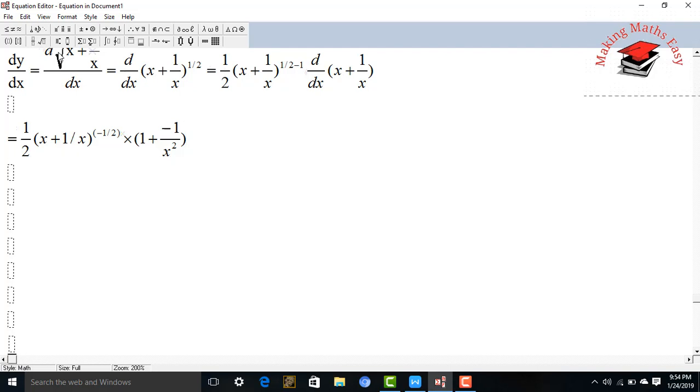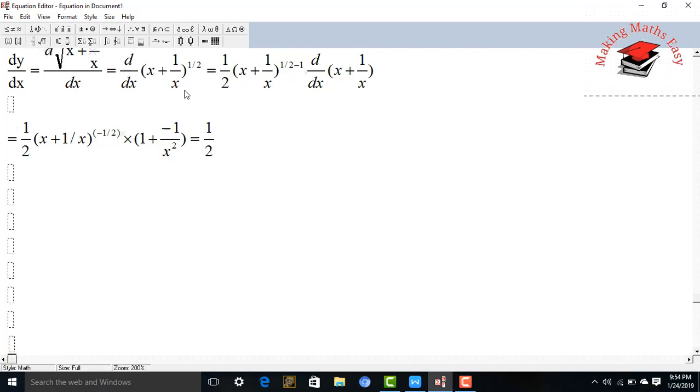Always remember one thing, that the derivative of 1 by x is equal to minus 1 upon x square. So these four or five things we have to understand while solving problems related to differentiation. So that is equal to 1 by 2, again 1 by 2.